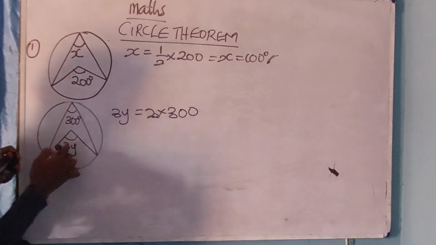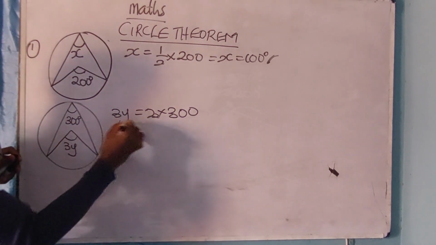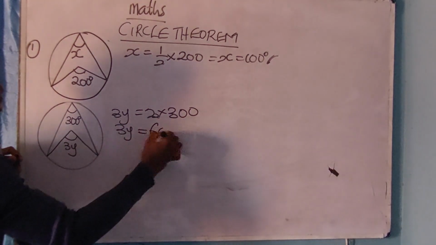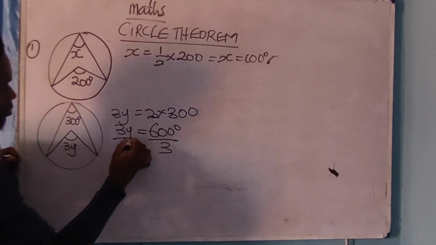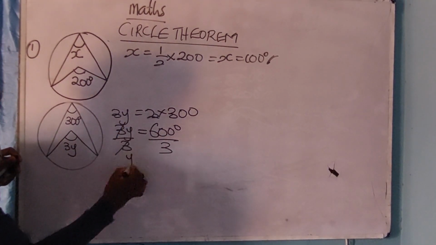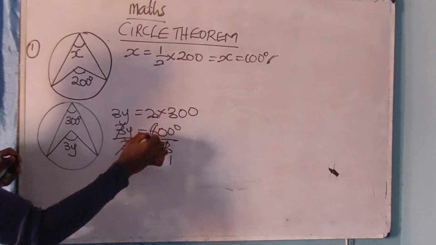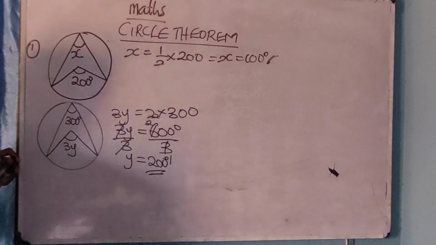The angle at the center is 3y, and you have 300 here. So 3y is equal to 2 times 300, which is 600. Divide both sides by 3. Therefore, y is equal to 200 degrees.